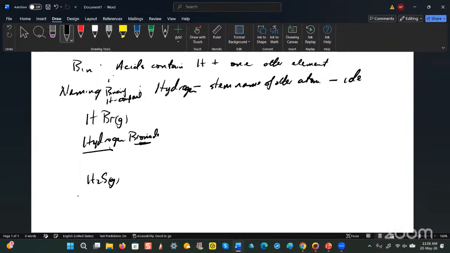This is also a gas, a very awful smelling gas, actually. This is called hydrogen sulfide. Again, you see it follows the rules here: hydrogen, then the stem of the name of the other atom, and then IDE. And you can apply this to other similar types of compounds. Now, here's the thing.